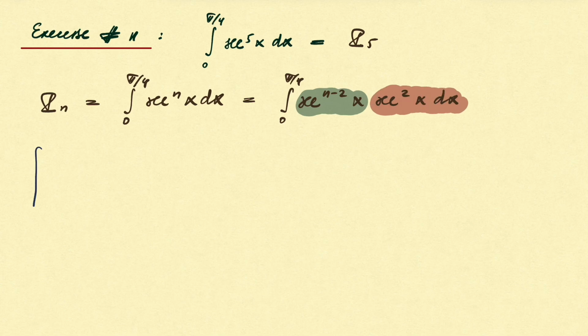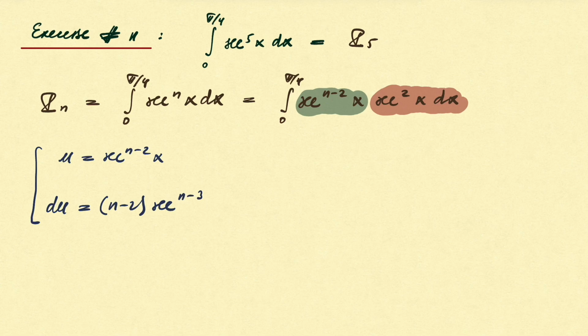How will we use it? We can write that u is equal to secant to the n minus 2 of x. Then let's compute du, which will be n minus 2 times secant to the n minus 3 of x, and then we must multiply this by the derivative of secant of x, which is, if you remember, tangent of x multiplied by secant of x.